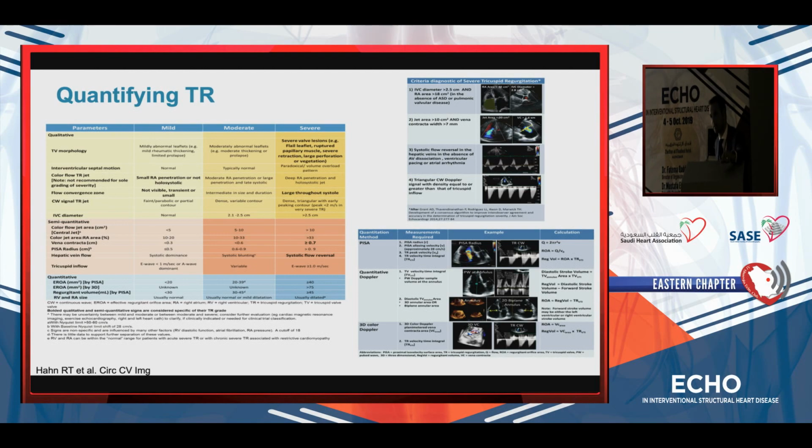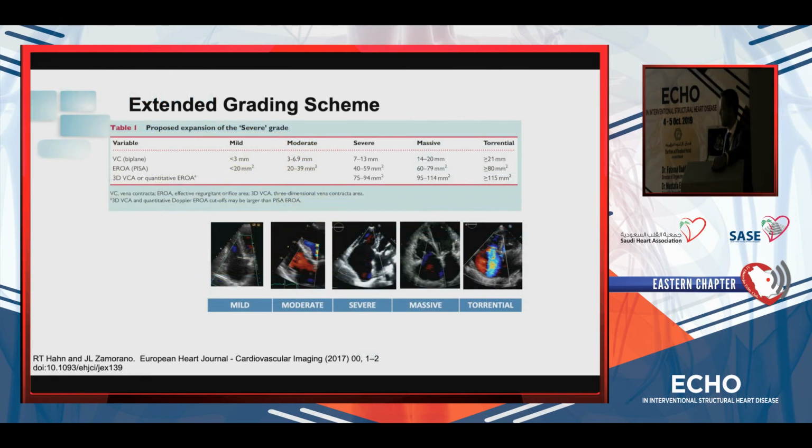But because the free wall can expand that much and the septal leaflets frequently get more and more restricted, we do not only have severe regurgitation. They would like a more extended classification, moving on from severe to massive and even torrential tricuspid regurgitation in these patients, because they can have very large gaps between these leaflets.